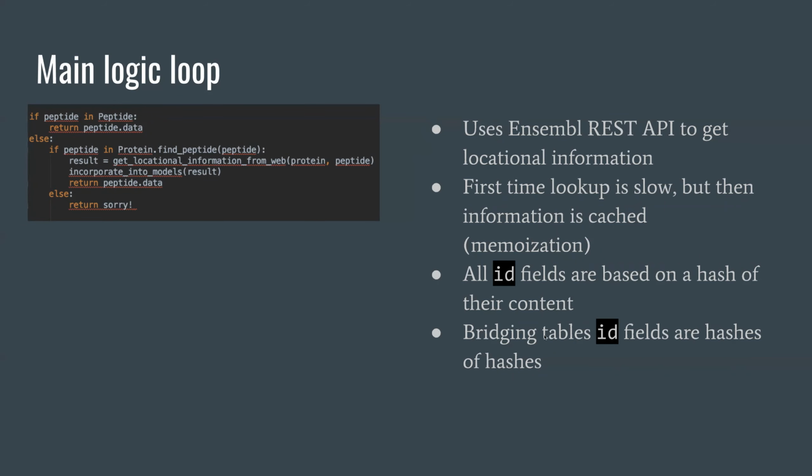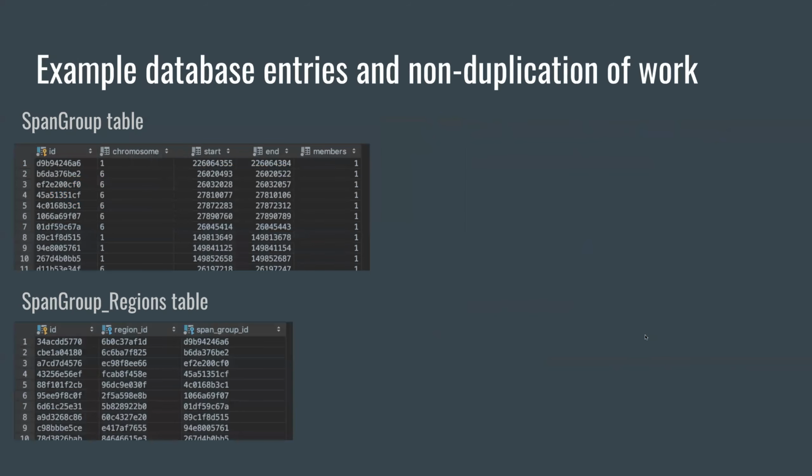content. And then the bridging table ID fields are hashes of hashes. Just to give you an idea, in this representation of a span group, this primary key is a hash, and this hash is formulated based on a concatenation of all these data, so it's guaranteed unique but deterministic. So if I ever get this region again, I simply have to check to see if it's in the database by calculating its hash.